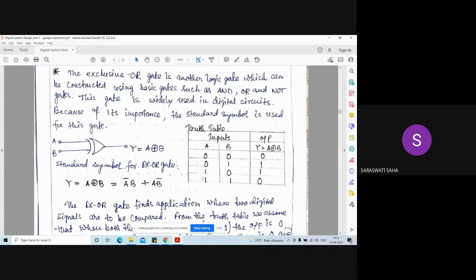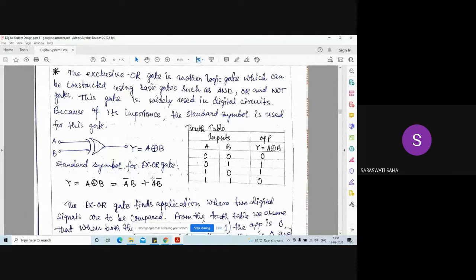But here, with 2 inputs, both are 1. So how many ones are there? 2, and this 2 is an even number. So if an even number of ones are there, the output will be 0. Got this point? Yes, ma'am. Okay, then from the truth table you can understand this.